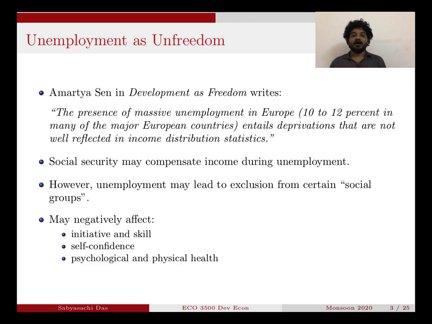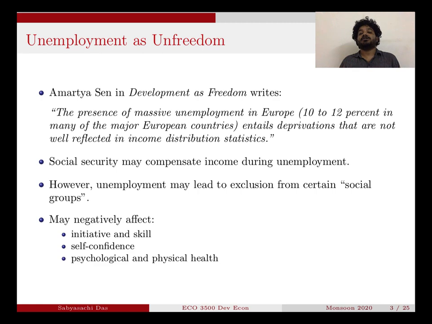So the first kind of unfreedom one can think of, or Amartya Sen points out, is, say, unemployment. Now you can say, well, unemployment necessarily means less income, but let's wait. So here I'm drawing from Amartya Sen's book Development as Freedom, which I've referred to in the syllabus. This is from the first chapter. Amartya Sen says the presence of massive unemployment in Europe of about 10 to 12% in many of the major European countries, so that's a pretty large number, entails deprivations that are not well reflected in income distribution statistics. Why?